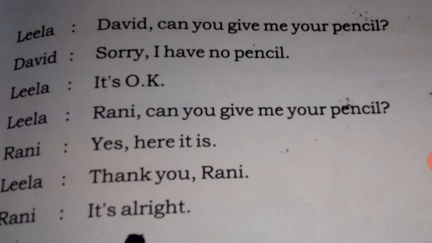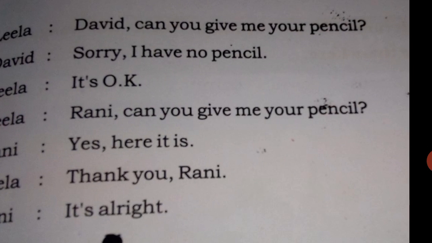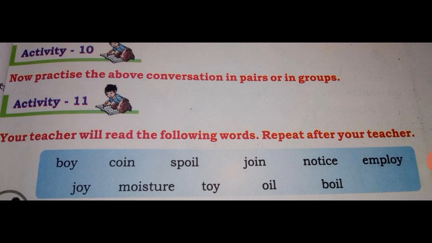Okay, let's move on to the activity number 10. Now practice the above conversation in pairs or in groups. Okay, that's over. Activity 11. Your teacher will read the following words. Repeat after your teacher. I'll say a few words. All of you repeat with me. Boy, boy. Coin, coin.